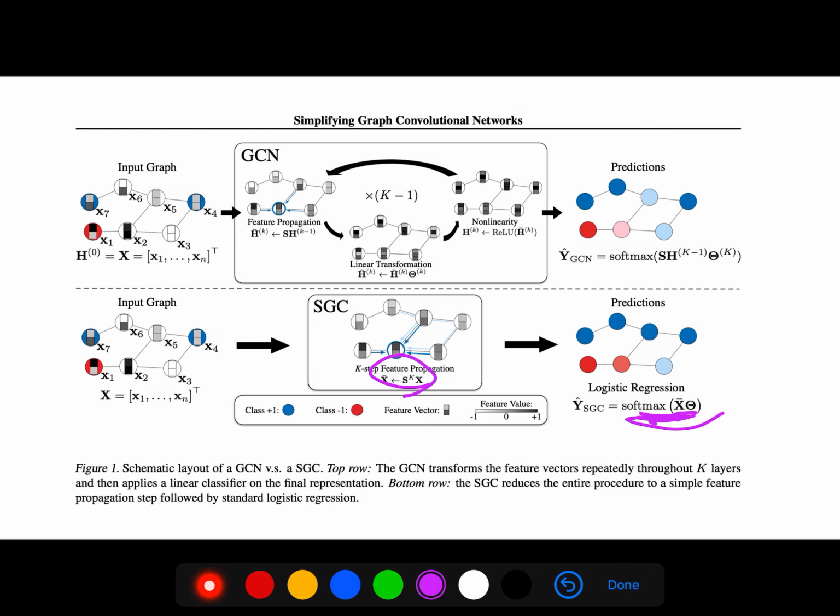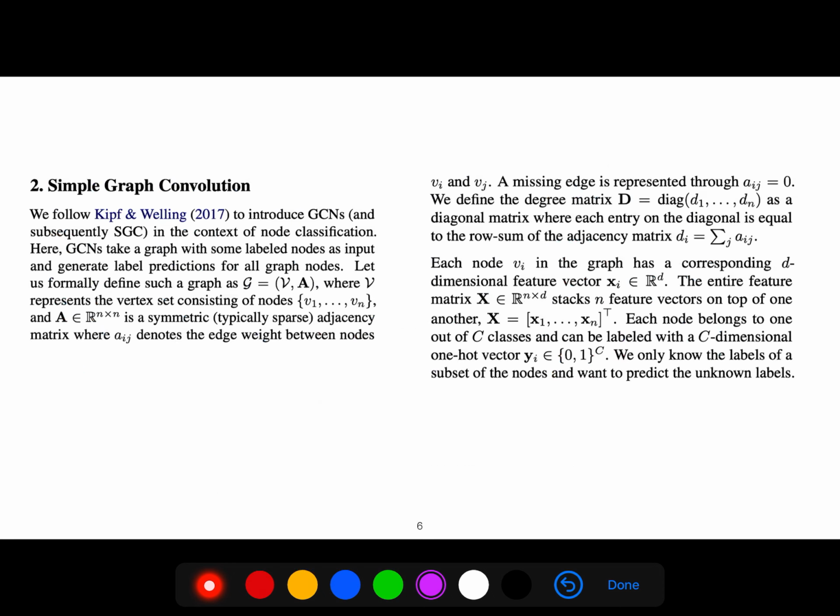The nonlinearity is at the end, after you have done this k times multiplication of the S matrix. So you see it's very fast and it represents all k-hop neighbors, but in a more effective way. And also, if you want to analyze it theoretically, it's much easier to do that.